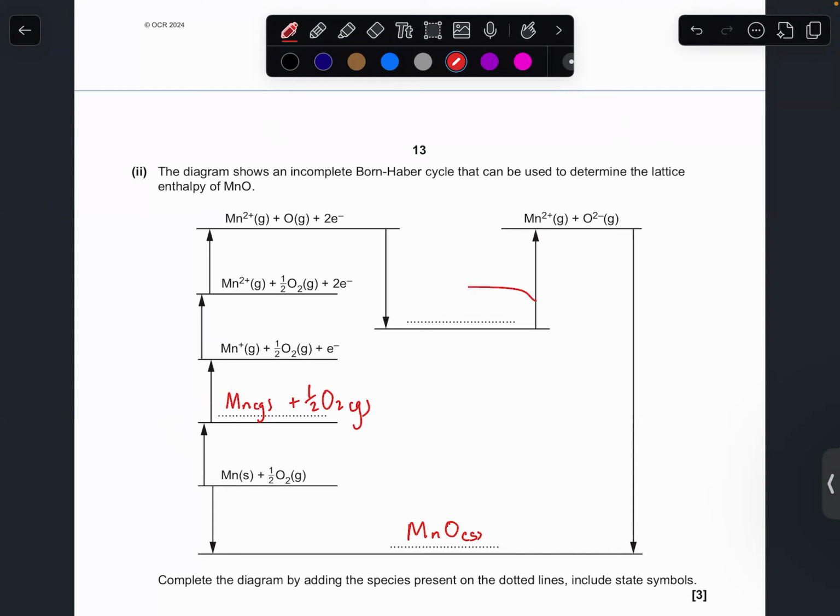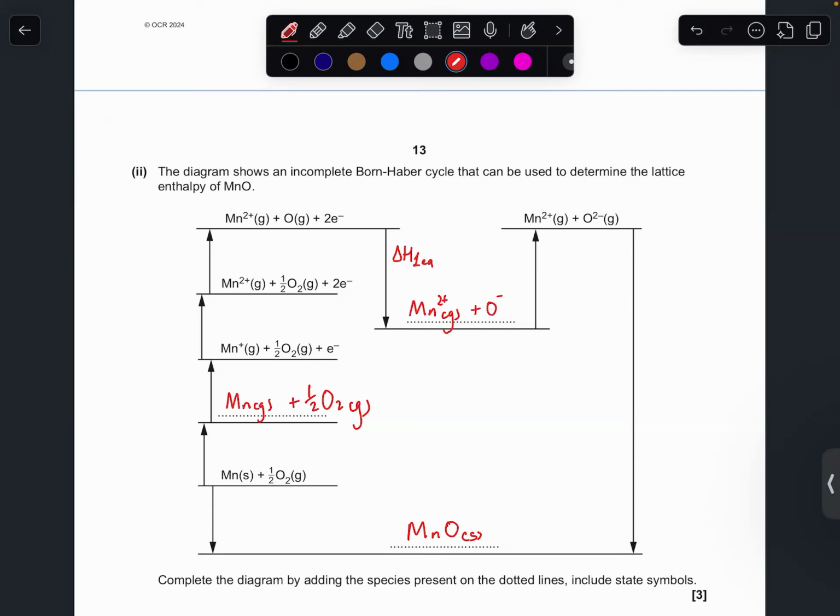Then, if you look at this one over here, this is going to be the second ionization energy. Look, this is the first electron affinity, where Mn2+ stays the same.